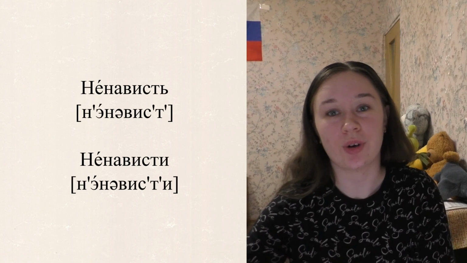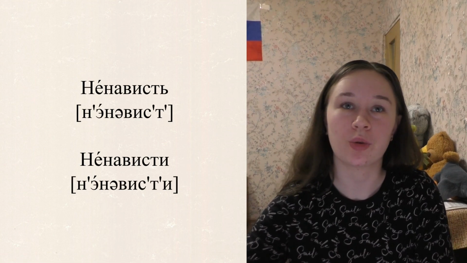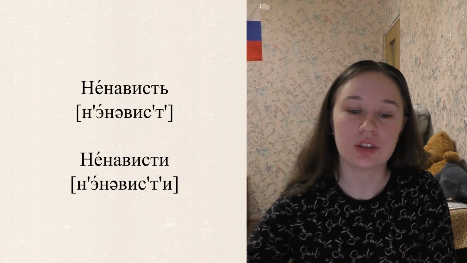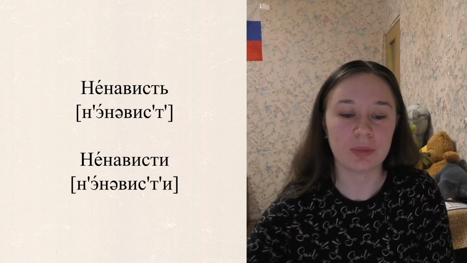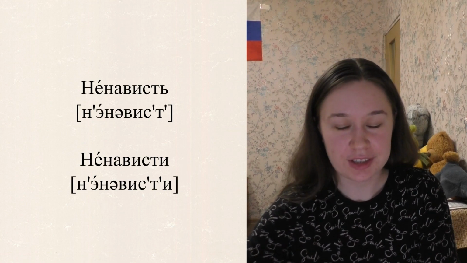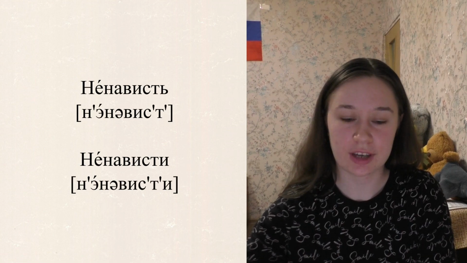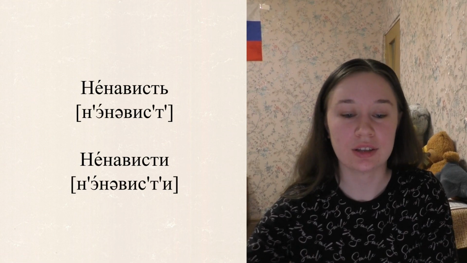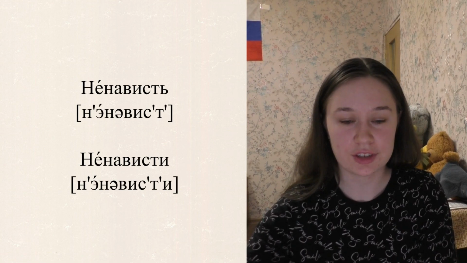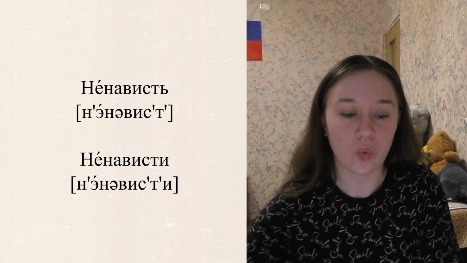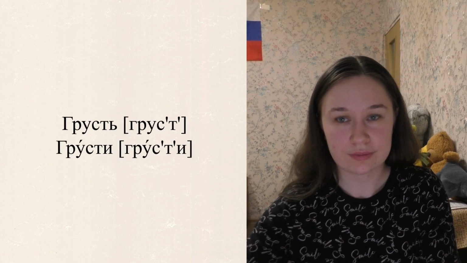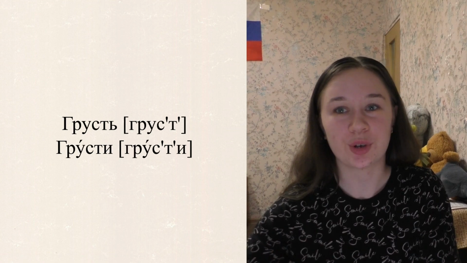Also, I decided to add the word hatred or hate as a noun. In Russian, it will be ненависть. One more time, ненависть. And in genitive case, it will be ненависти. The next new word, sadness. Грусть, грусти.